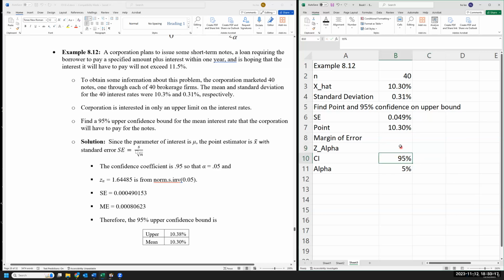That's just 95% we use. So it's NORM.S.INV of 95%, because 95% to the left and 5% is in the tail. And there it is. So the margin of error is standard error times z of alpha is right there.